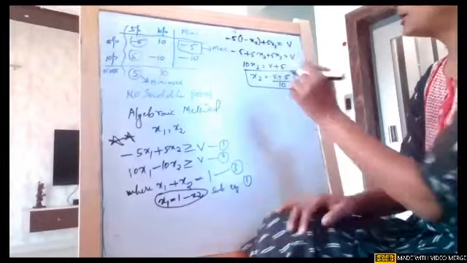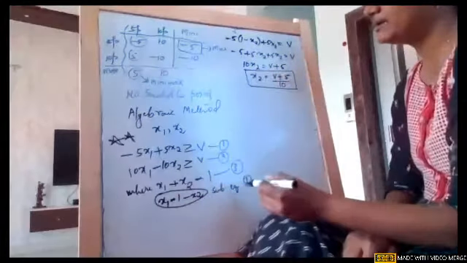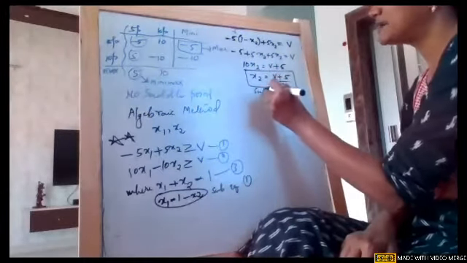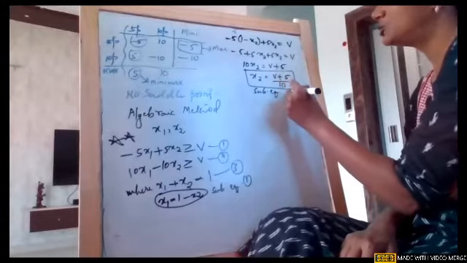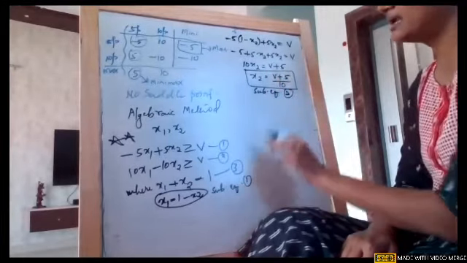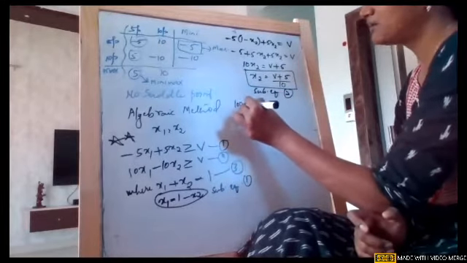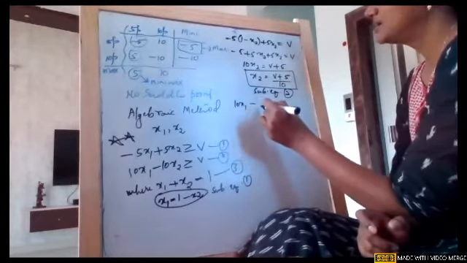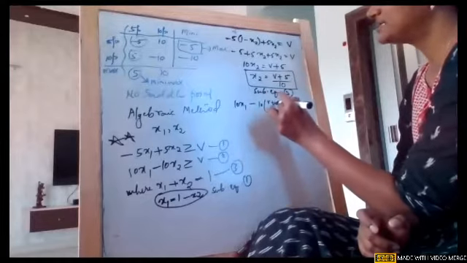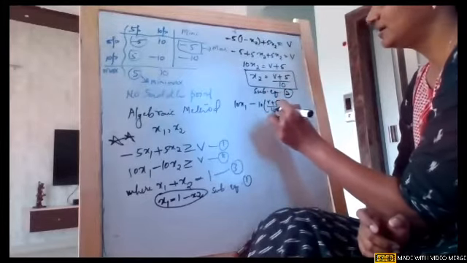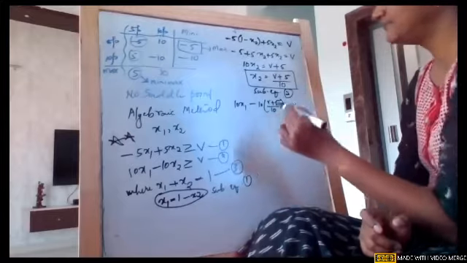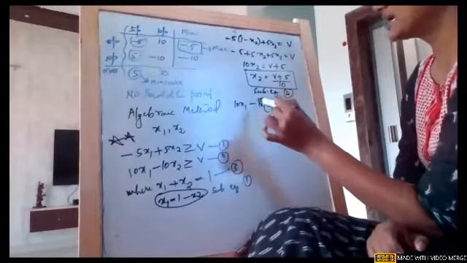Okay. Now we substituted in equation 1, and now we will substitute x2 in equation 2. So 10x1 minus 10 into v plus 5 by 10 is equal to v. Okay, so 10 gets cancelled.